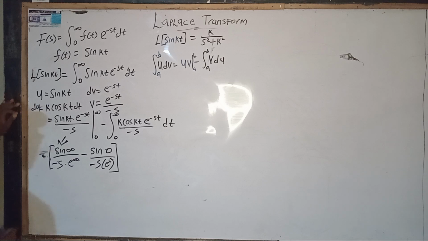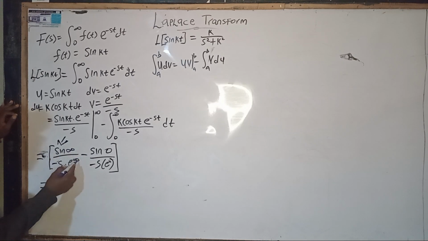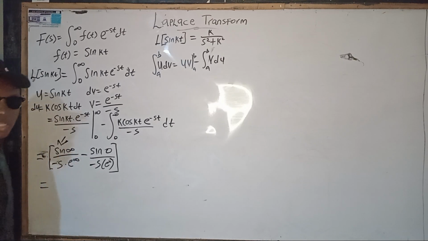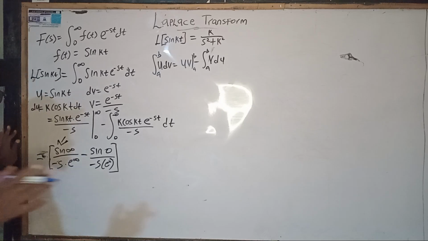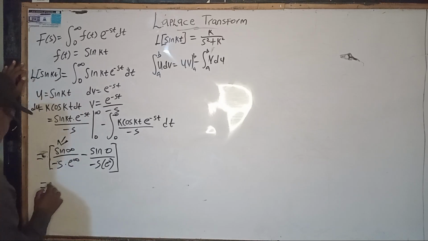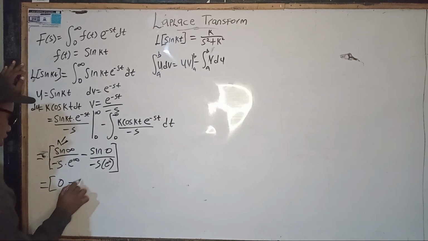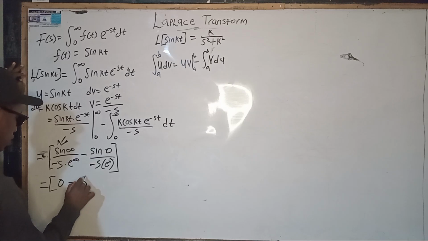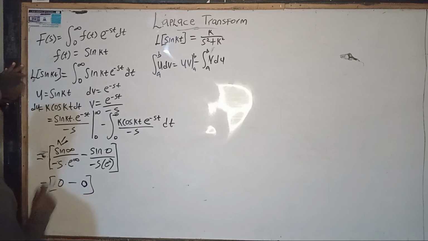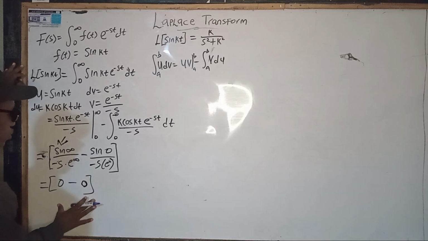On this edge, sine infinity over e raised to the power infinity gives us 0, because anything divided by infinity is 0. So we have 0 minus sine 0, which is 0. So this entire part gives us 0.